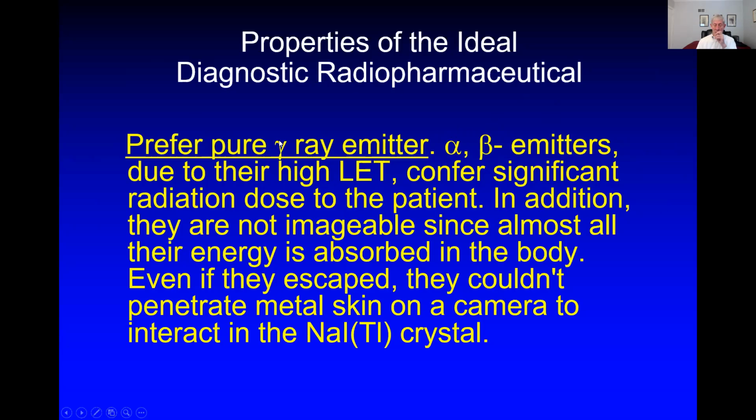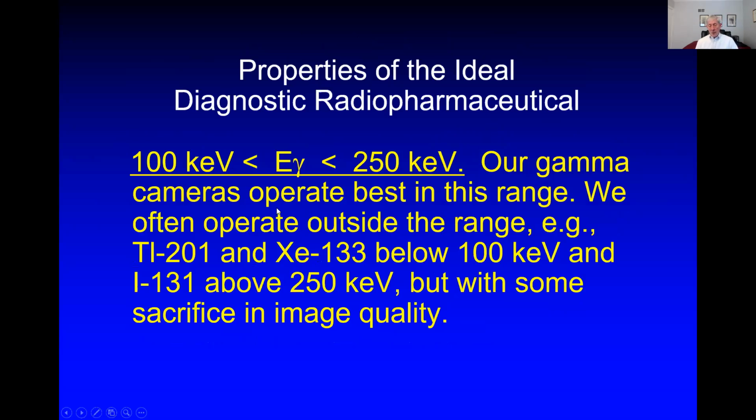We want a pure gamma ray emitter, and this is an empirical finding. The ideal energy range is considered to be 100 to 250 keV. That's where our cameras operate the best.